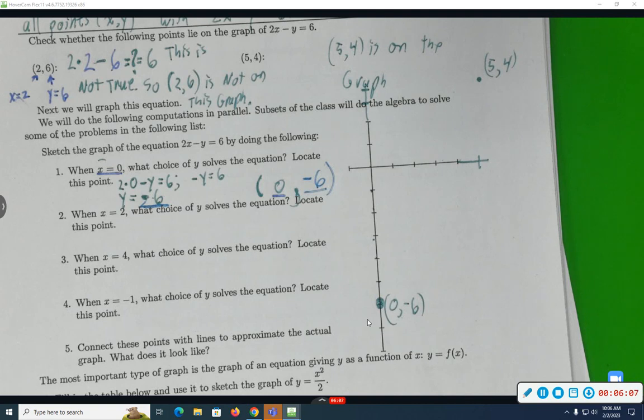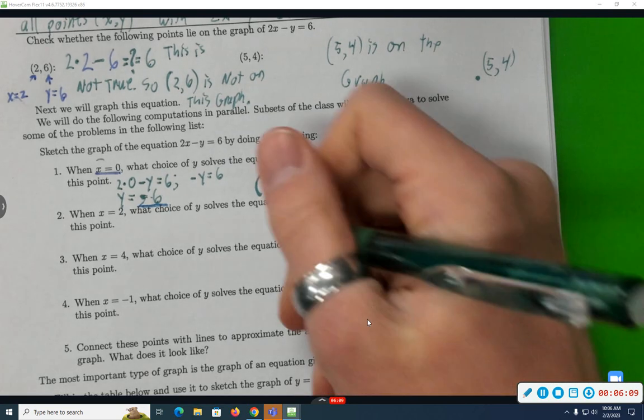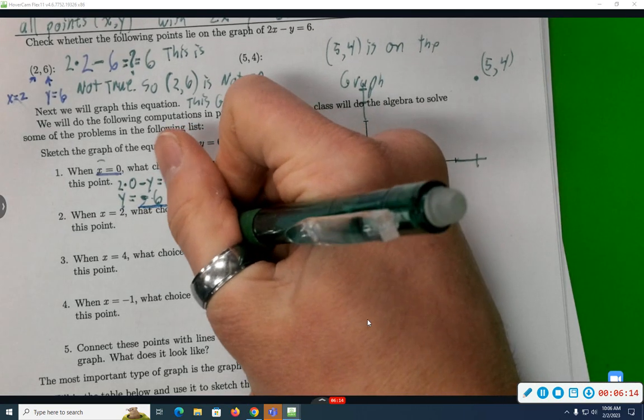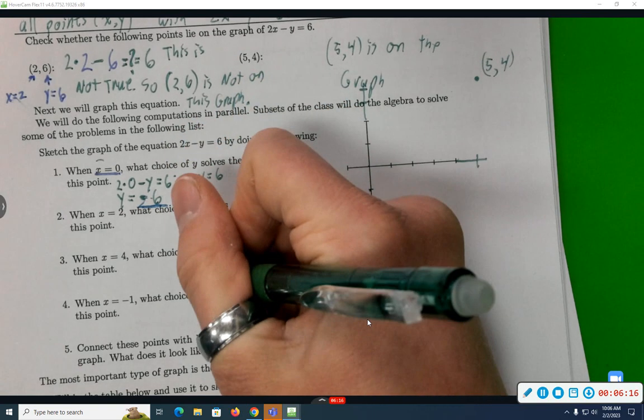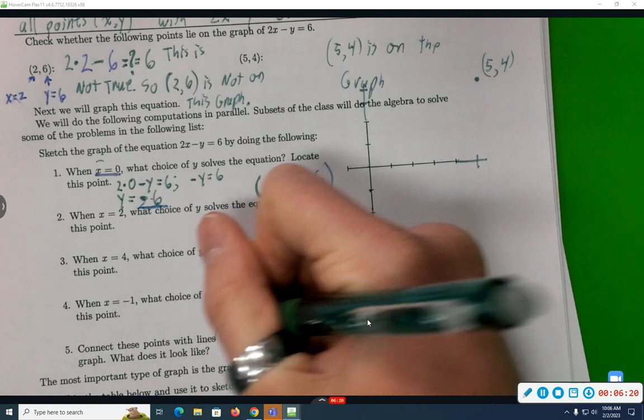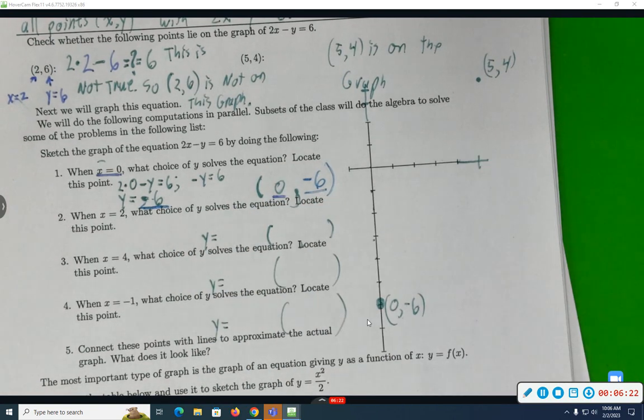And once you figured out what y value corresponds, tell me 2 things. What that y value is and what point must be on the graph.